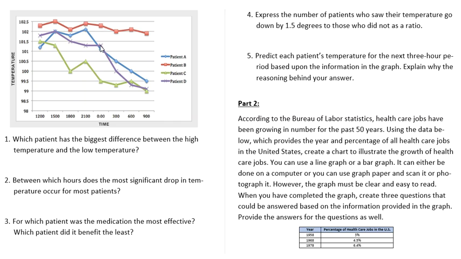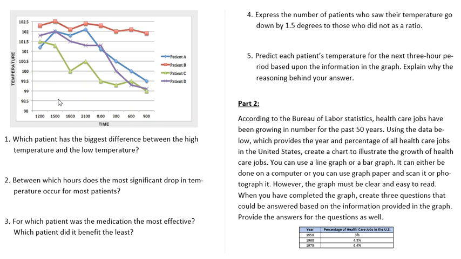Another big drop right here happens for patient D at 0 hours all the way down. And then for patient C again happens about 2100 all the way down here. So the consistency that we see is between 2100 and 0. Okay, so that's kind of the timeline that we're looking for for number 2.